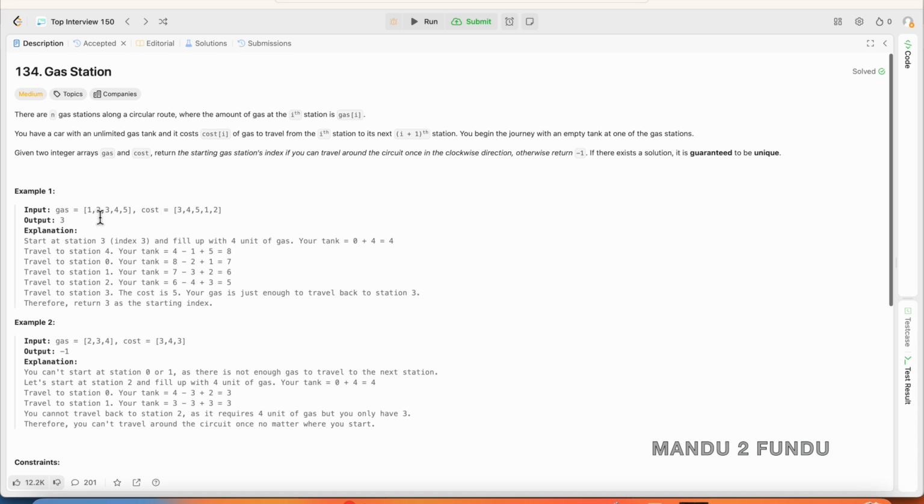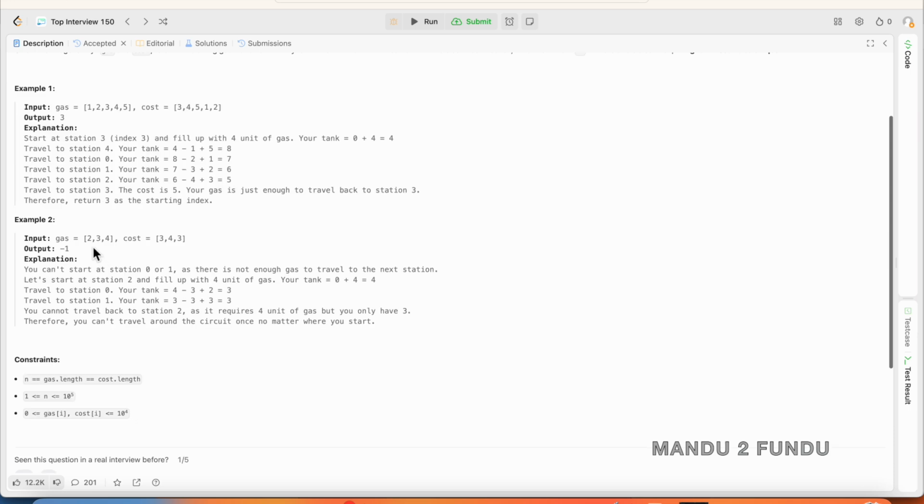And then from 2 to 3, we need to spend 2 units of gas, and then the remaining is 2. And then from 2 to index 3, we have to spend 2 units of gas. So when we start from index 3, we can go around and come back to that place. Output is 3.